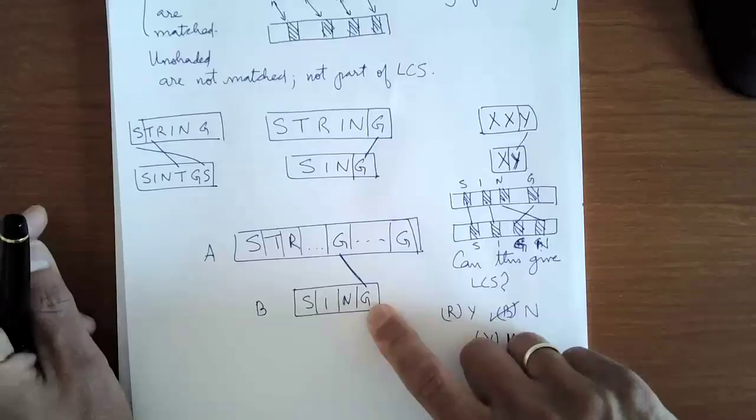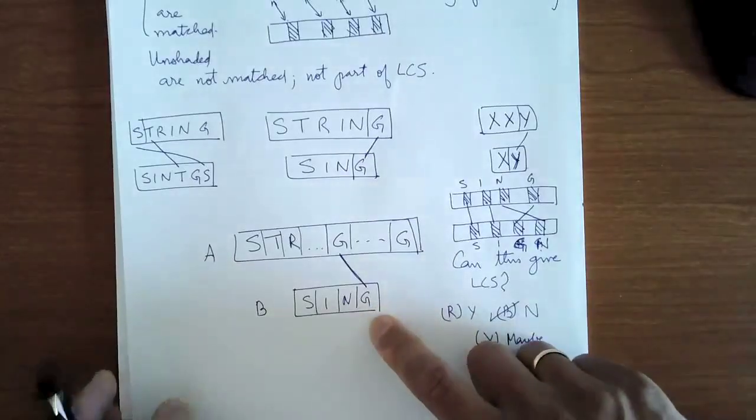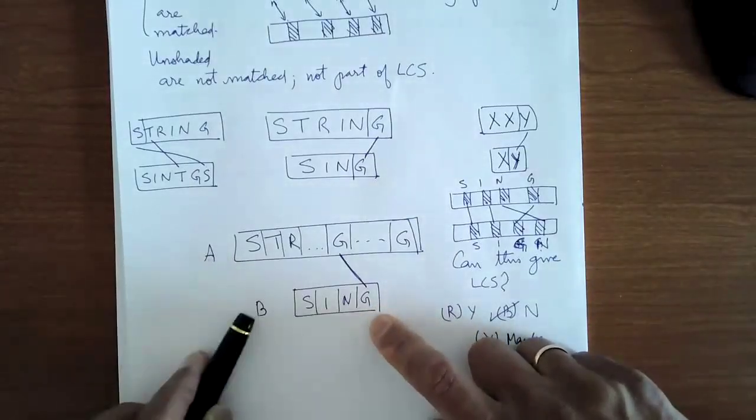But that doesn't need to happen for every one. There can be another longest common subsequence that does not have that property, right? Exactly. I did not say that all longest common subsequences have that property.